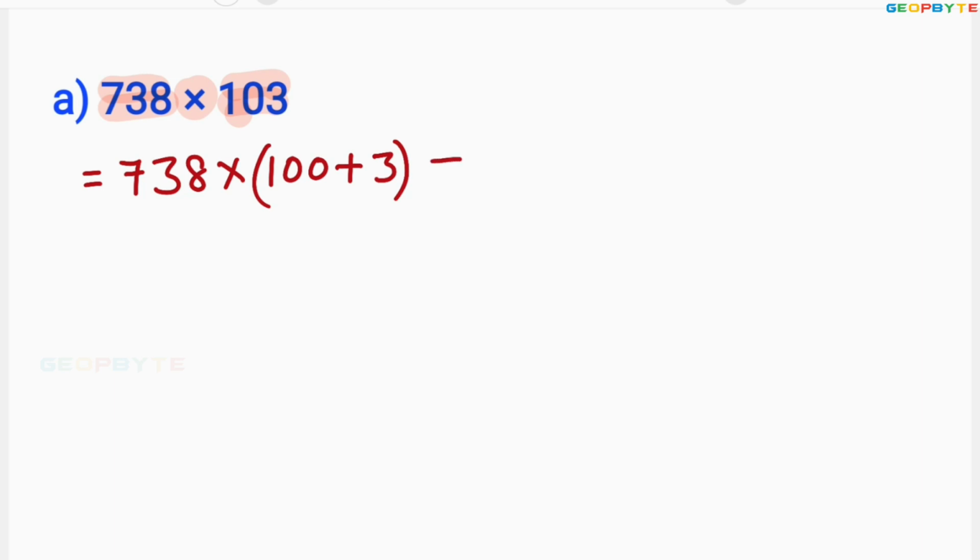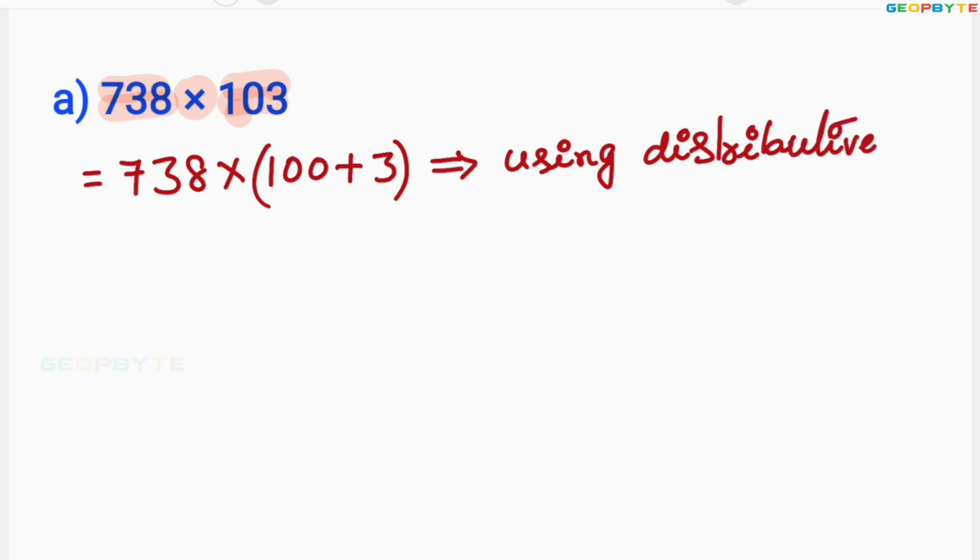Here I am making use of the distributive property. Distributive property means we are distributing this 103 as 100 plus 3.